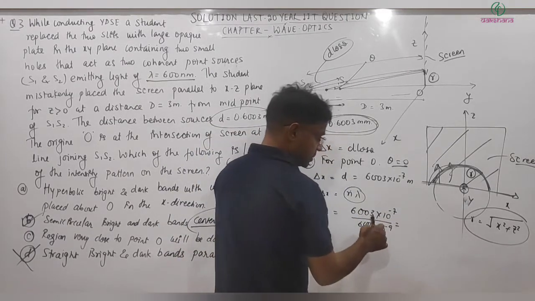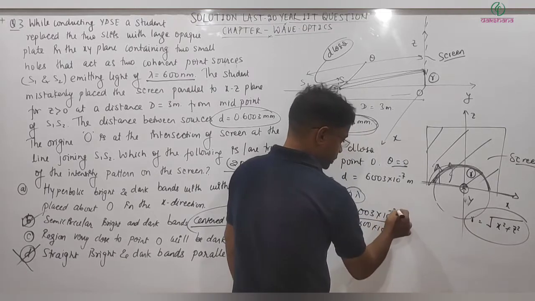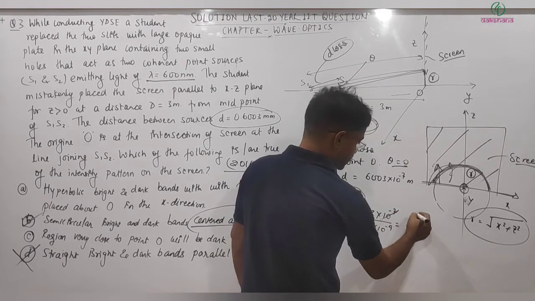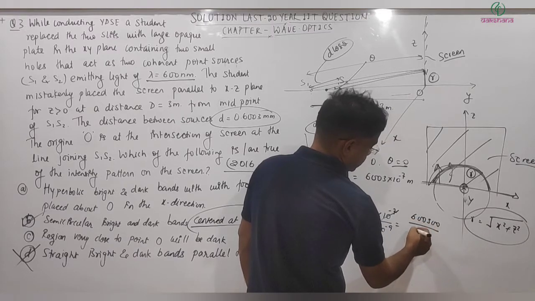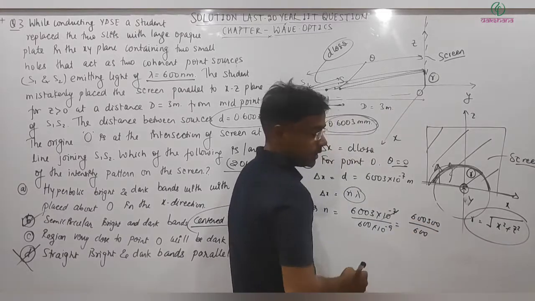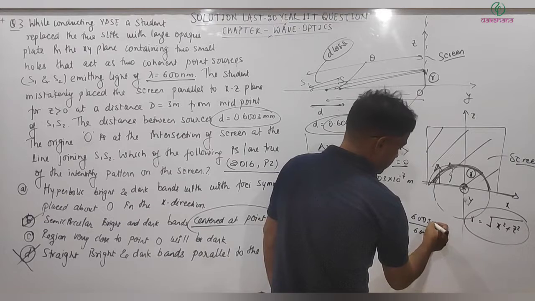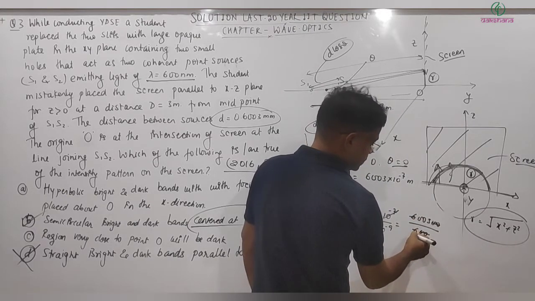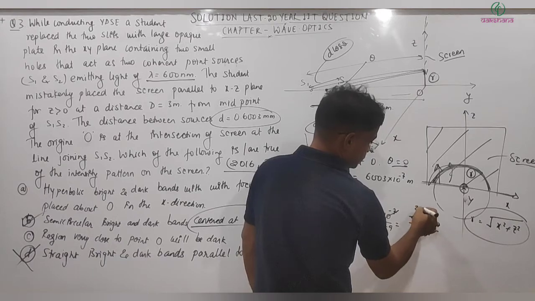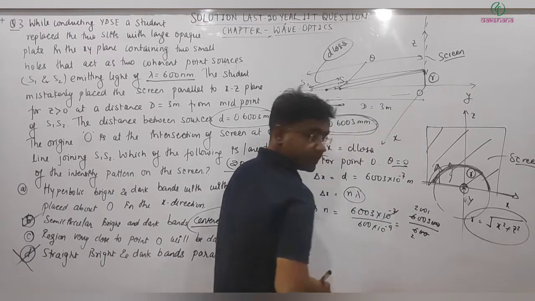So this is equal to how much? 10 to the power minus 7 is left with 6,003,000 divided by 600, right? And this 0 gone, and if I am dividing by 3, then it's 2001, right?